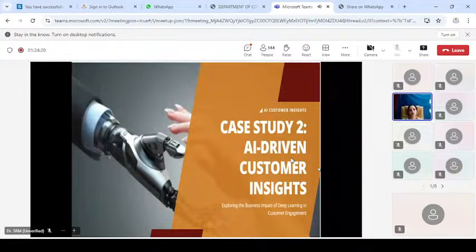Netflix, as we all know, is a leading player in the streaming industry, right? And it actually demonstrates the transformative impact of DL on customer engagement. This company leverages AI-driven insights to significantly uplift its services.